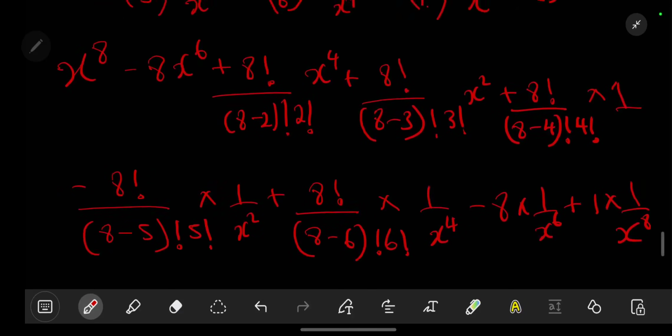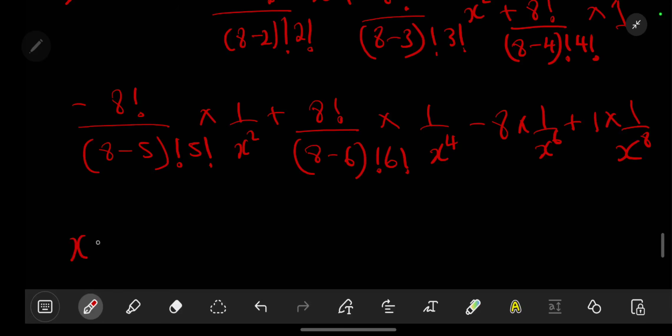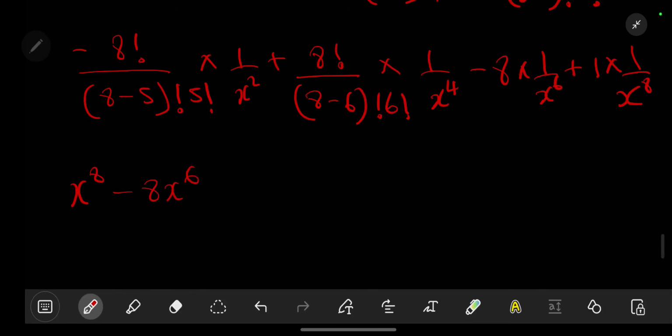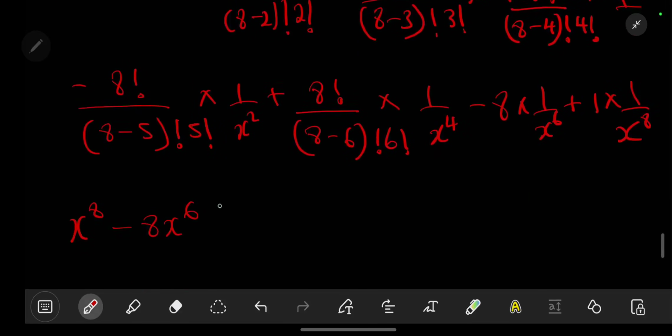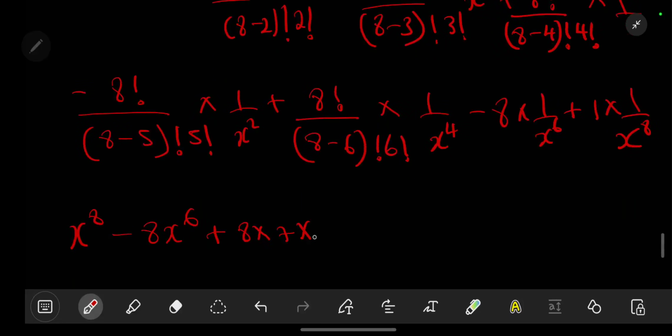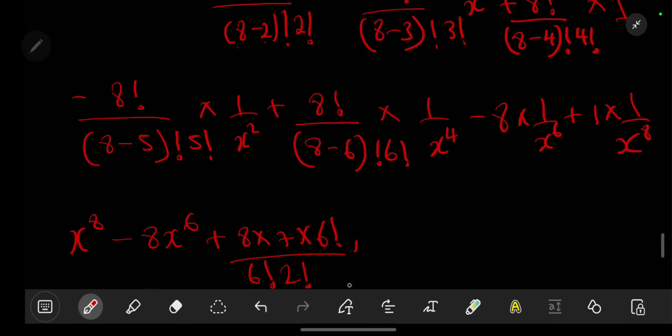So to evaluate this, we have our x to the power 8 minus our 8x to the power 6. Then plus 8 times 7 times 6 factorial. Remember, 8 minus 2 is 6 factorial, over 2 factorial, times x to the power 4.